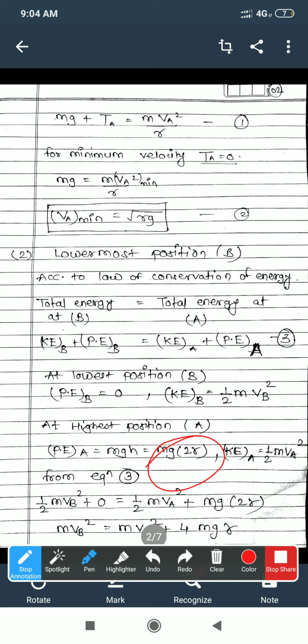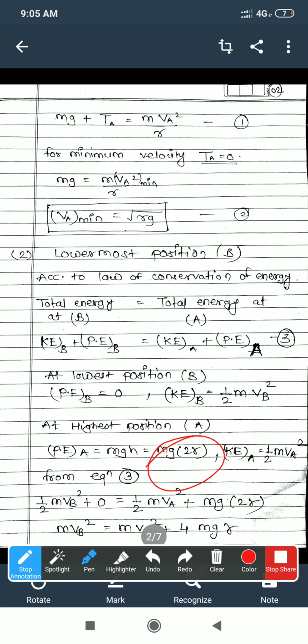Putting these formulas in equation number 3, we will get half mvb square plus 0 equal to half mva square plus mg into 2r. By calculating this, we have taken half, or we can say multiply by 2.